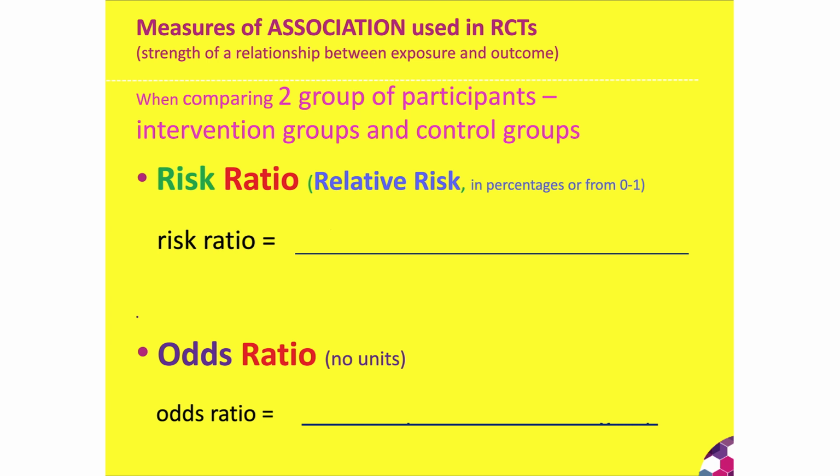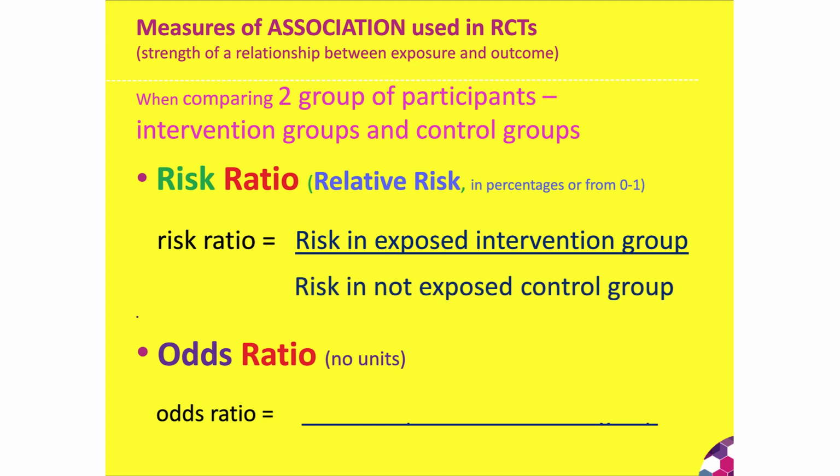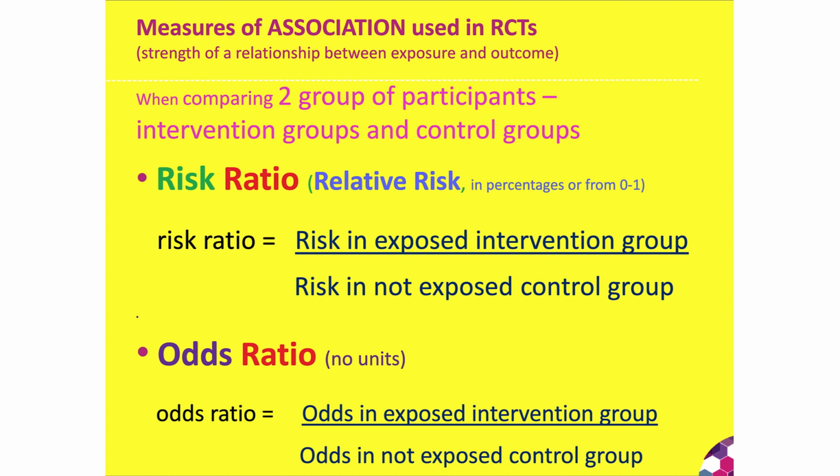Now, when we're comparing two groups, that's when it becomes a ratio, because you're dividing one number by another. And so the risk ratio would be risk in the exposed intervention group divided by the risk in the not exposed control group, and the odds ratio would be odds in the exposed intervention group divided by odds in the not exposed control group.